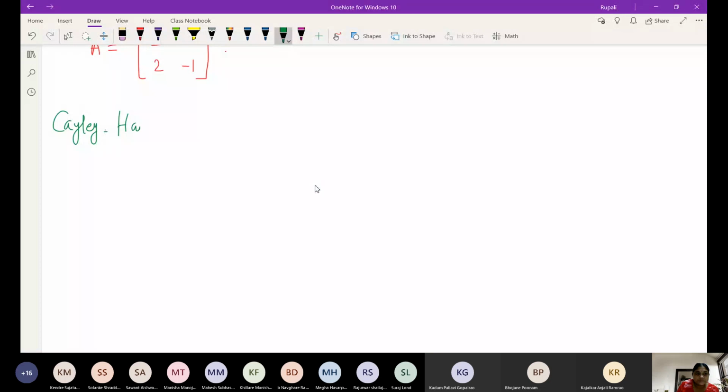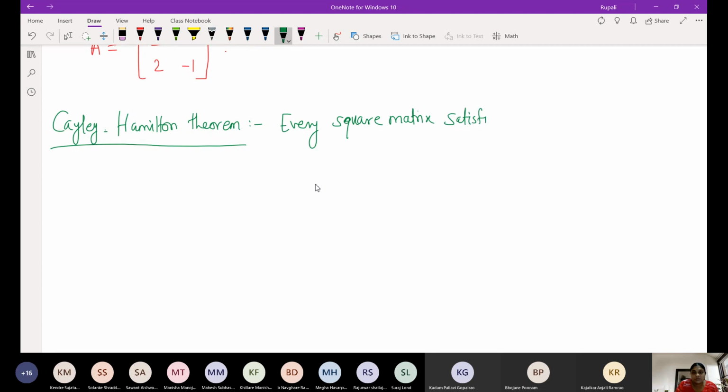Linear algebra. Can anybody recall the Cayley-Hamilton theorem? Every square matrix satisfies its characteristic equation.